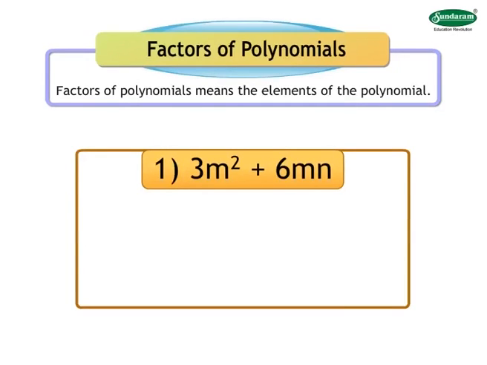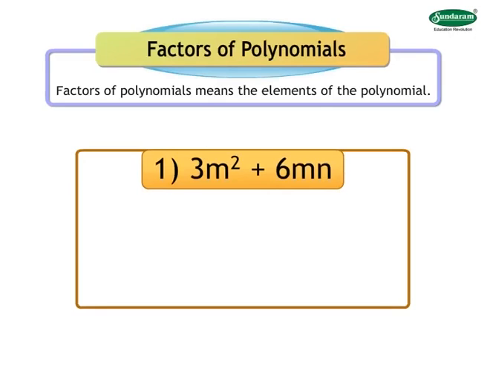polynomial are positive. There are certain elements which are common in both the terms of this polynomial. In 3m square plus 6mn, here m is common in both the terms, that is 3m square as well as 6mn. And along with this, the number 3 is also common, as 3 is a factor of 3 as well as 6.